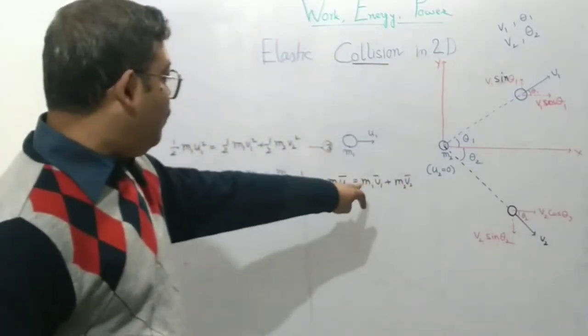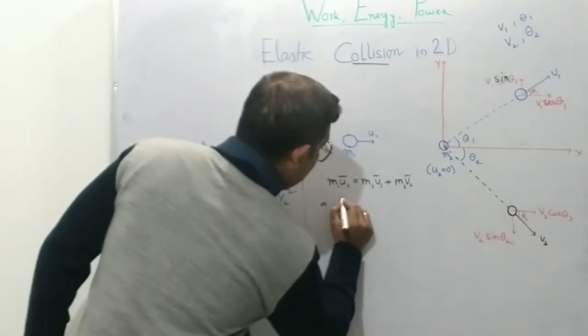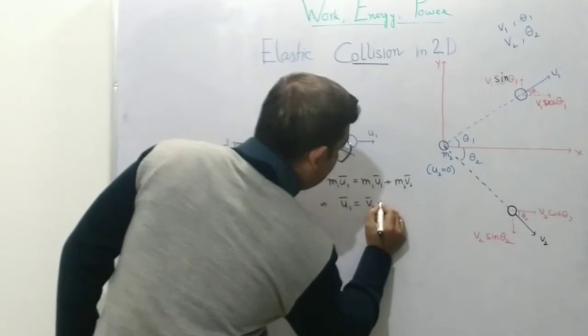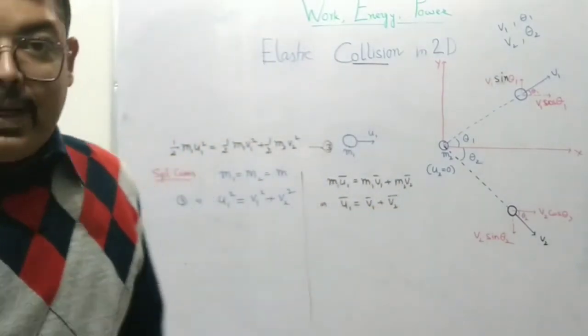But since M1 and M2 are equal, we can rewrite this equation as U1 equal to V1 plus V2. Fine.